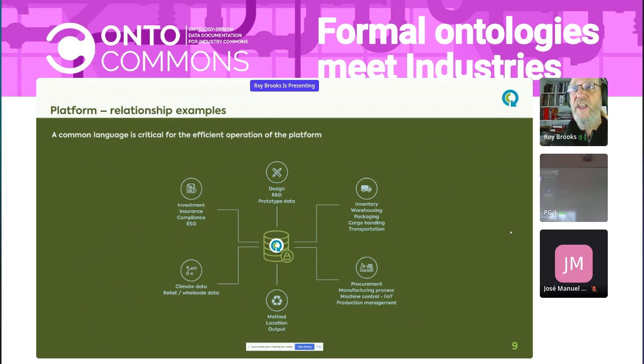So having a common language, and I use this term advisedly, is going to be absolutely critical. Now, when we started, we thought in our ignorance that essentially what we needed for our core database would be a taxonomy of materials, material specifications, and everything relating to those materials.